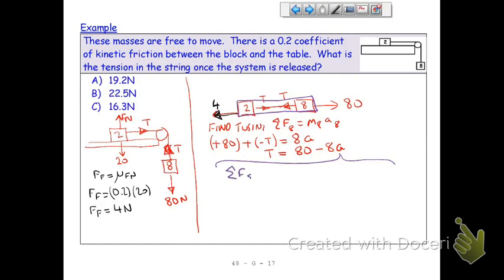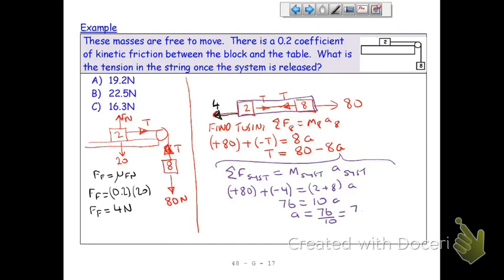Sum of the forces on the system equals the mass of the system times the acceleration of the system. Plus 80 added to minus 4 is equal to 2 plus 8 times a. 76 is equal to 10a. A is equal to 76 over 10, which equals 7.6 meters per second squared.